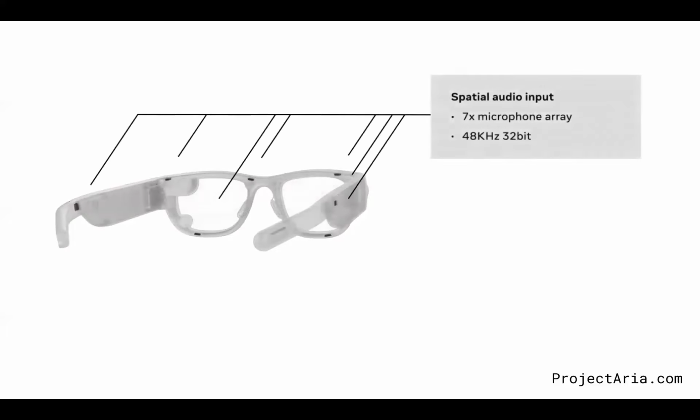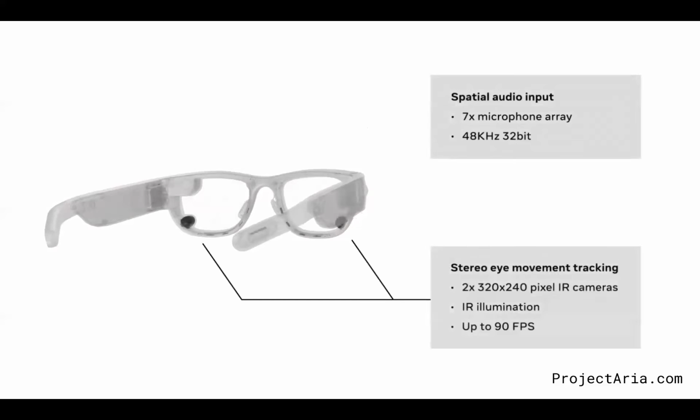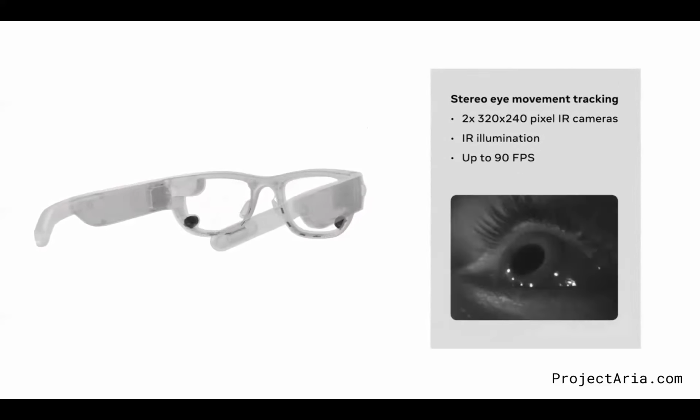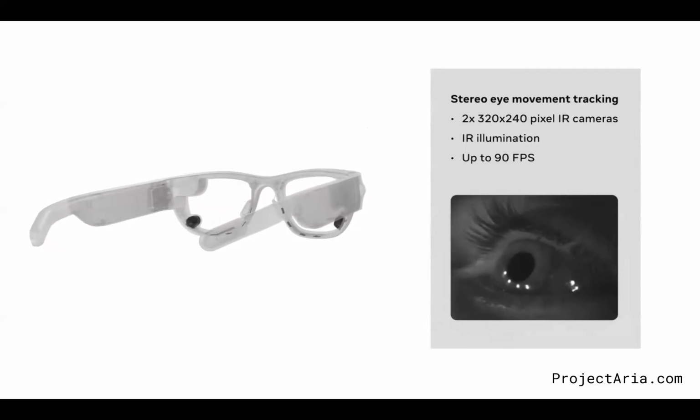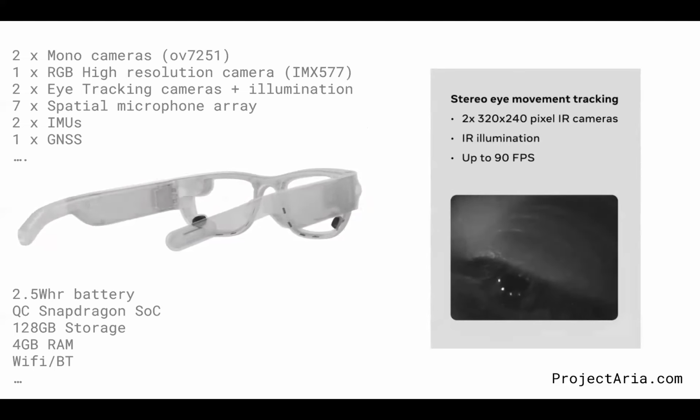Okay, so Aria is a splendid device: 7 microphones, because you live in a 3D audio environment, eye tracking, together with SLAM cameras and an egocentric RGB camera. There's a lot of data that comes from these devices, which is part of the potential for doing research with this, but also part of the challenge. We'd like to be able to capture data through an entire person's day.